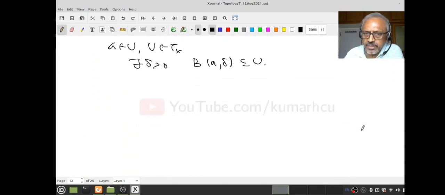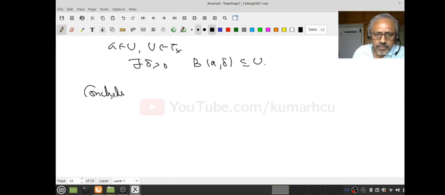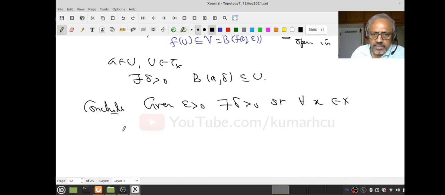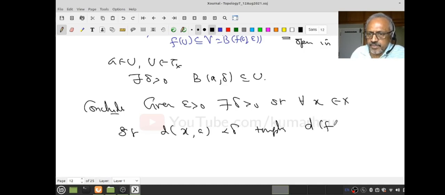Do you understand? Therefore we have concluded: given epsilon positive, I took any epsilon, right? What did I find? Then there is a delta positive so that for every x in X, the distance between x and a less than delta implies the distance between f(x) and f(a) is less than epsilon.